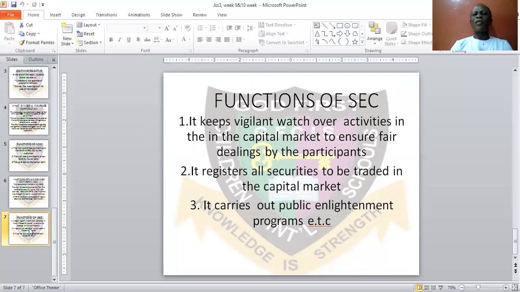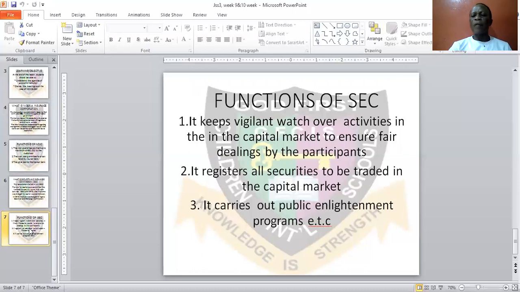These are the depositors, or we call them customers, rather. Two, it registers all securities to be traded in the capital market.